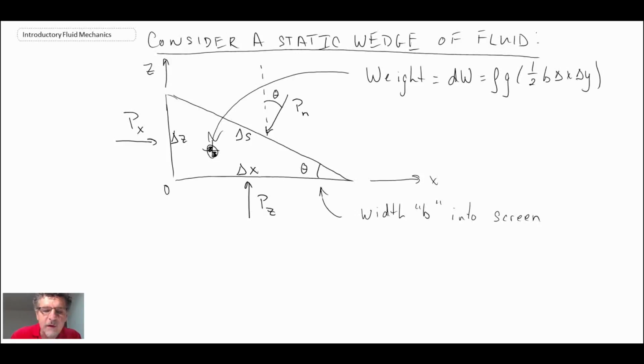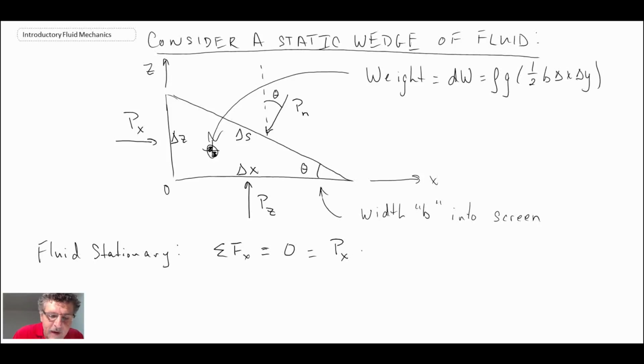So we're going to examine the pressure distribution. Essentially, we're going to do a force balance in the X and in the Z direction. To begin with, we look at the fluid as being stationary, which we said it was. If we sum forces in the X direction, the fluid is not moving, so we say this is 0. That's going to be the pressure on the X surface multiplied by the area.